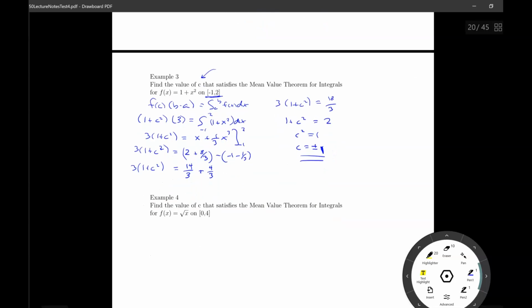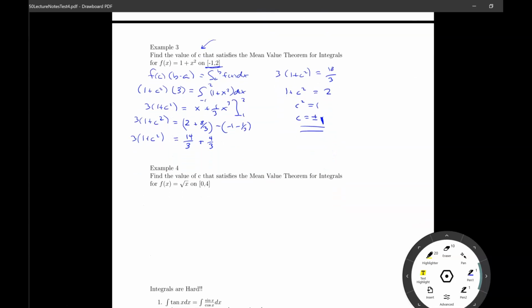All right, let's do another one here. So this is value of c that satisfies the mean value theorem, so b minus a will give me 4 times root c, integral 0 to 4 root x dx. So keep this over here, take the antiderivative, so 2/3 x to the 3/2, 0 to 4.